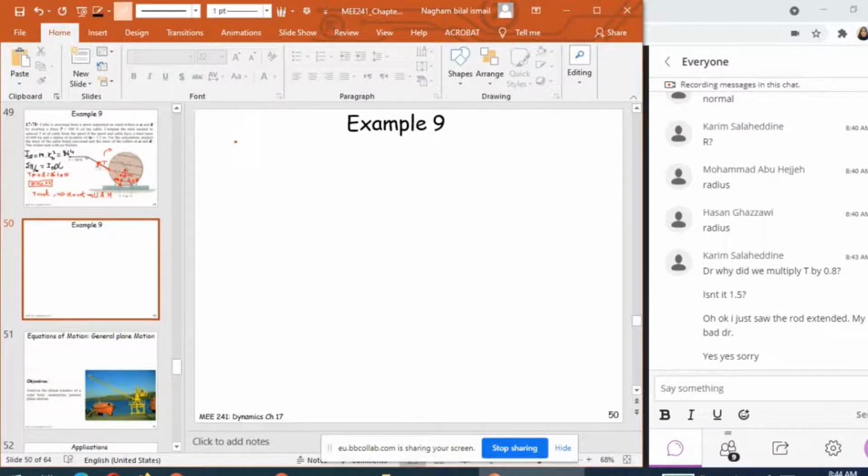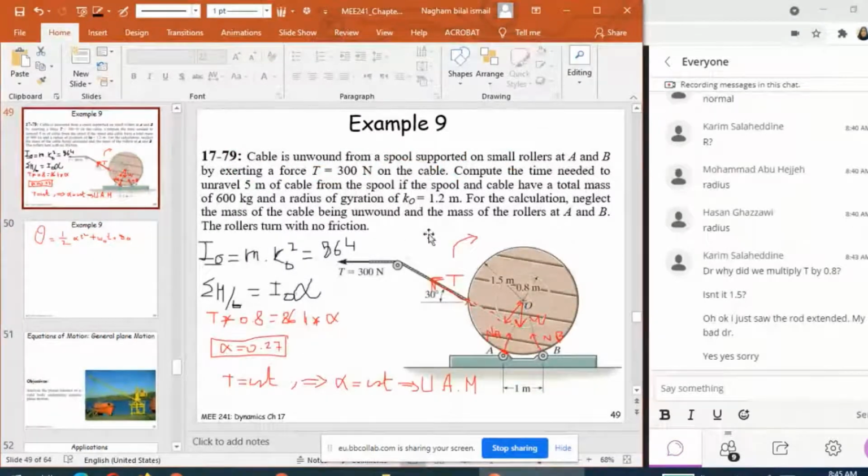So since alpha is constant, then theta is equal to half alpha t squared plus omega 0 t plus theta 0. Now, if you take a look, guys, on this example, at the first instant, this cable was wound here, right?